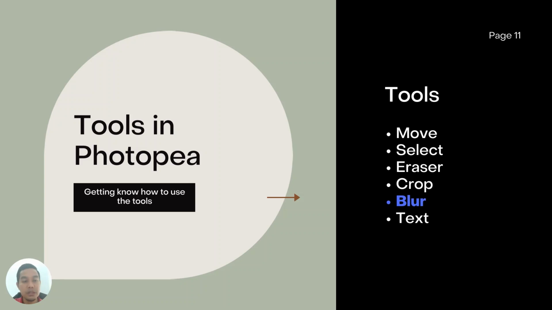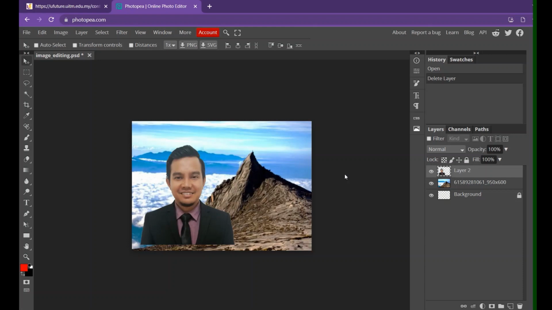Okay, then we will see the blur, so how we can blur an image. Now we want to use the blur tool, especially when you have multiple layers. You want to merge between your image and also the mountain in my case. So I can use the blur tool.